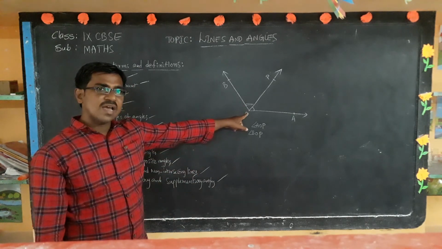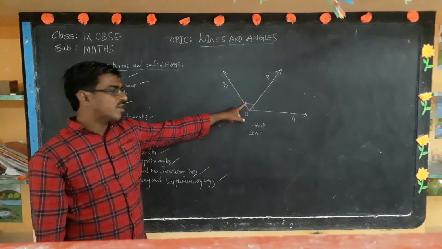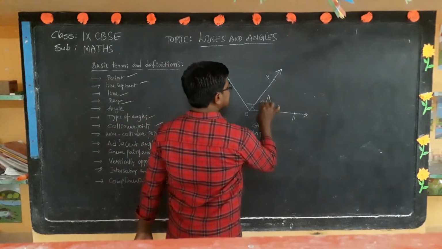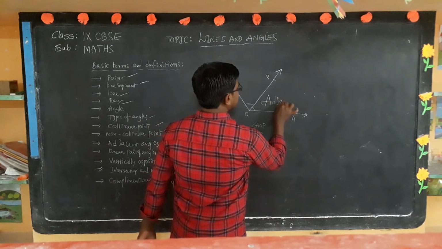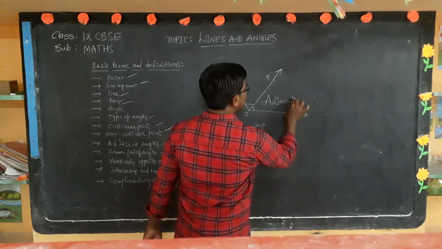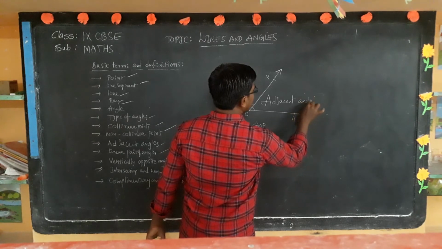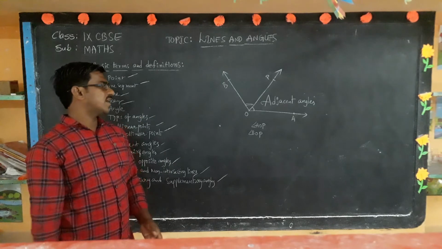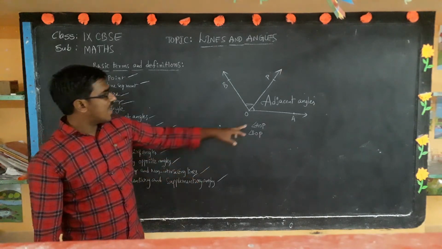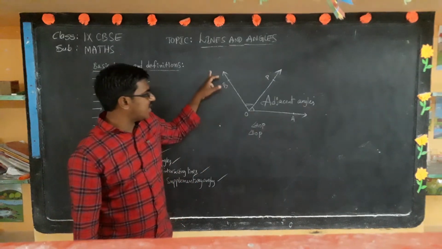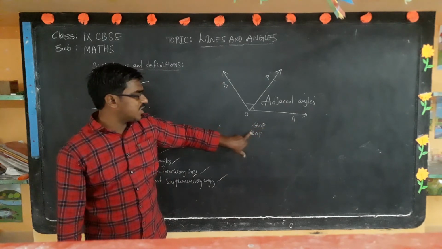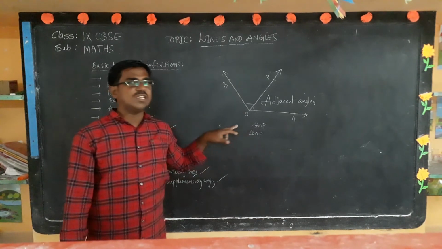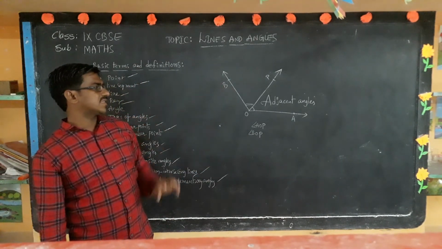The angles which have a common ray and a common vertex are called adjacent angles. Angle AOB is nothing but the sum of these two angles. This is about adjacent angles.